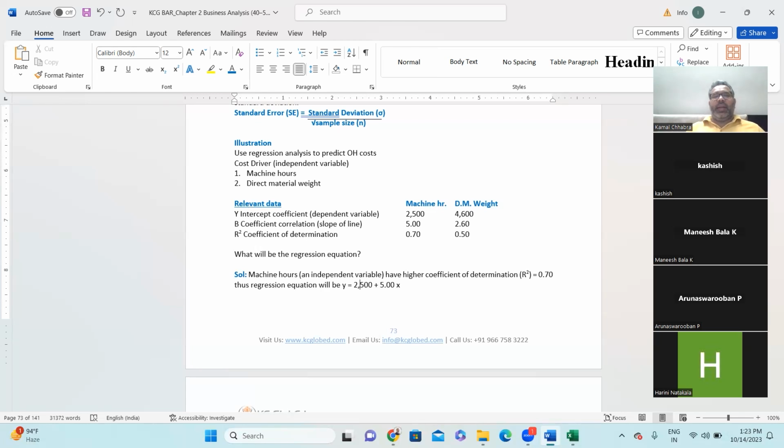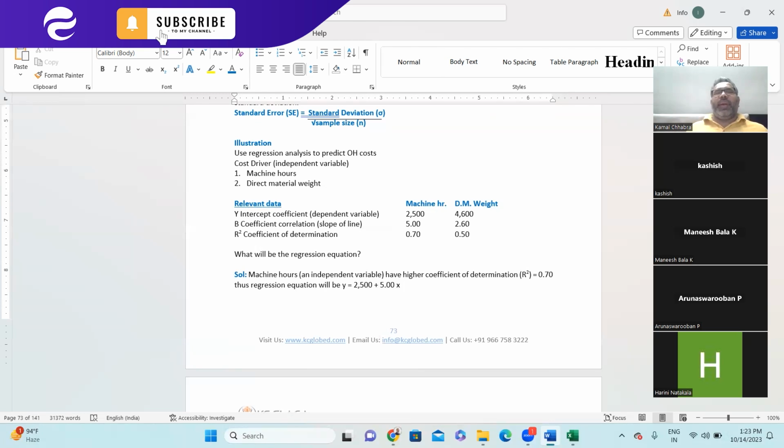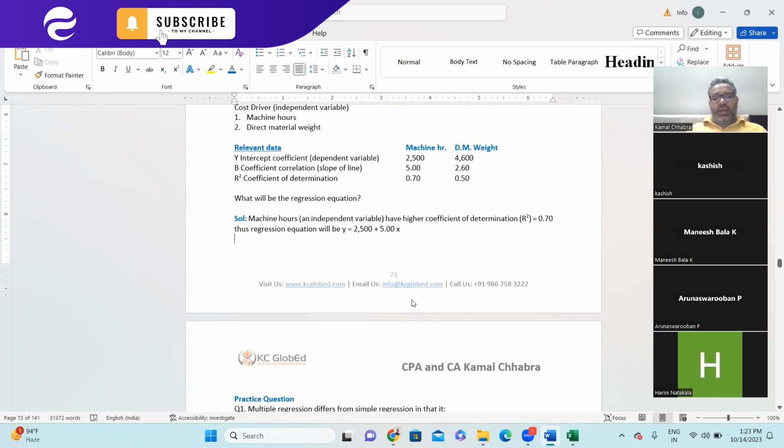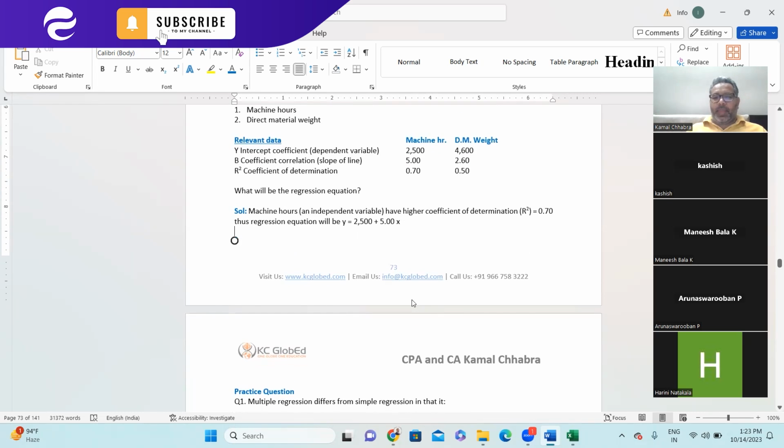What you need to keep in mind is to always choose the higher R square because the relationship between the dependent variable and independent variable will be high when the coefficient of determination is high. So in this scenario, we have chosen machine hour because 70% is the correlation, right? So y is equal to 2500 plus 5x. That will be your regression equation, right?